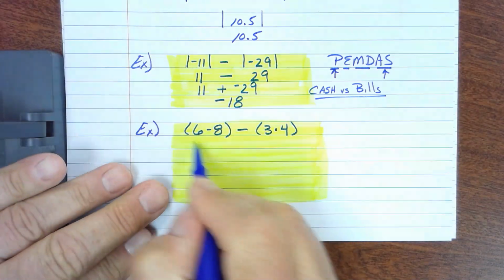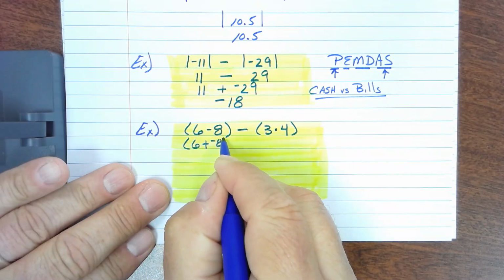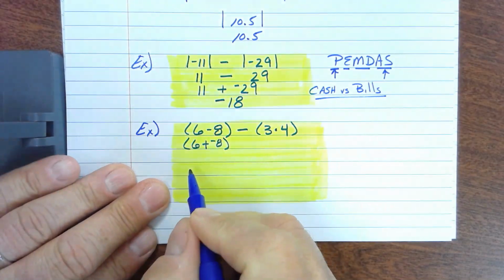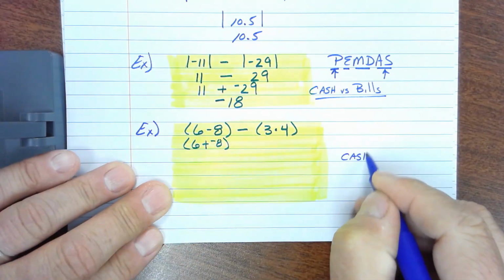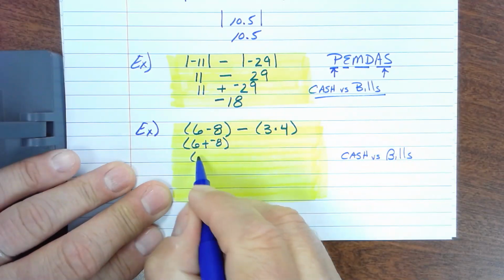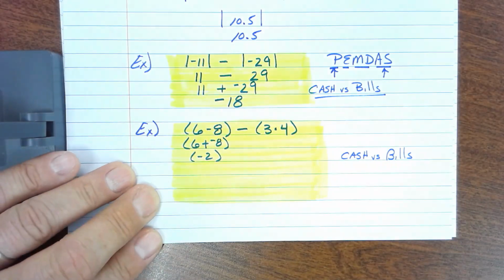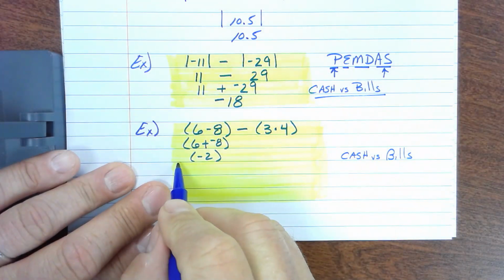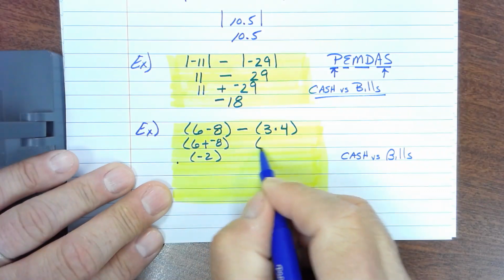Within the parenthesis here, I am going to add and change the sign. And I'm going to continue to work inside this parenthesis and ask myself, cash versus bills. Well, that's a negative 2. I have more bills than I have cash. There's nothing else I can do here, so I'm going to come over here.